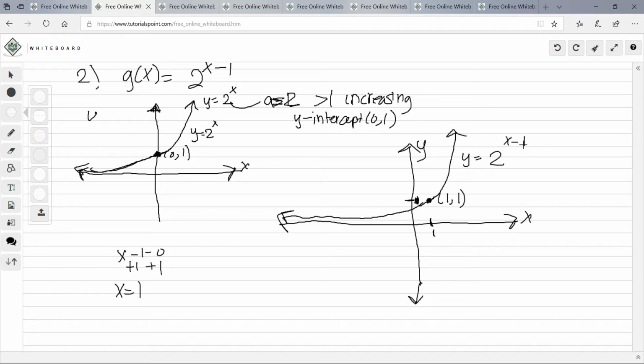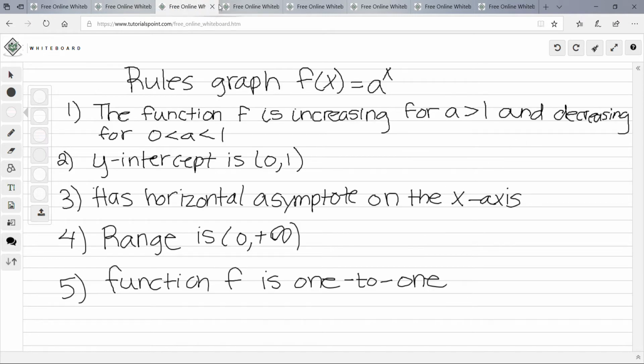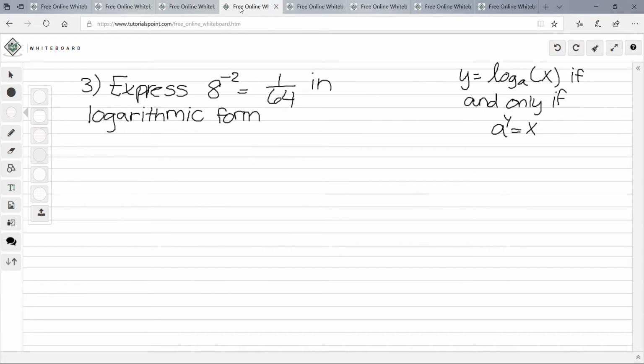Okay, number 3. It says express 8 to the negative 2 equals 1 over 64 in logarithmic form. So I'm going to use this rule, and I think I wrote it a few times, but I'll write it again. y equals log base a of x if and only if a to the y equals x.